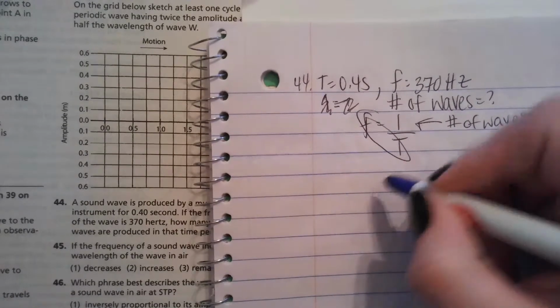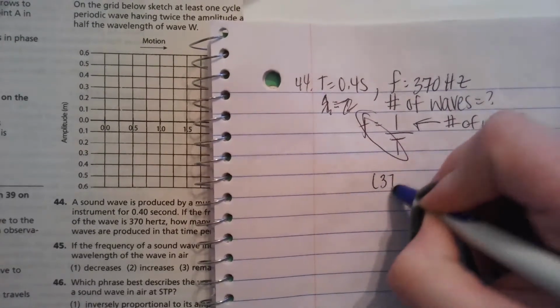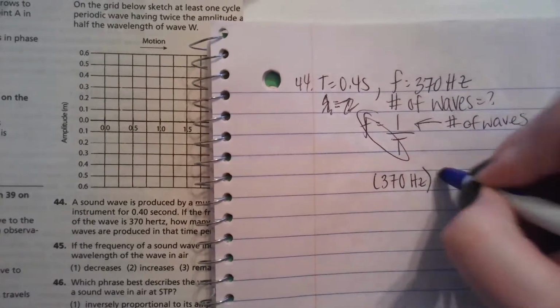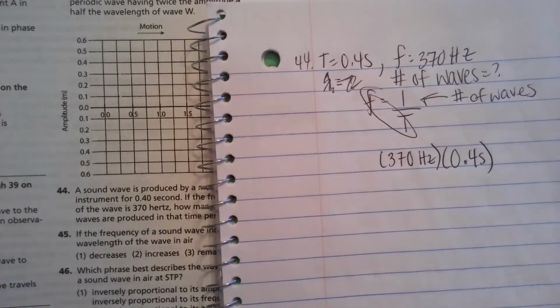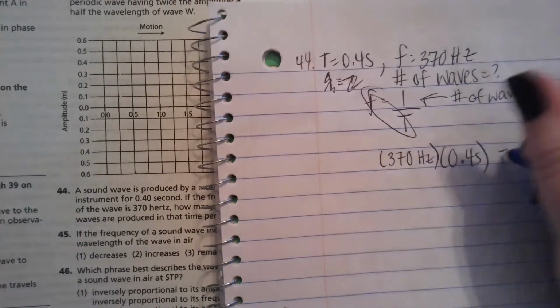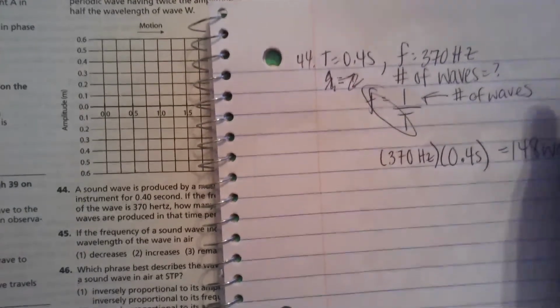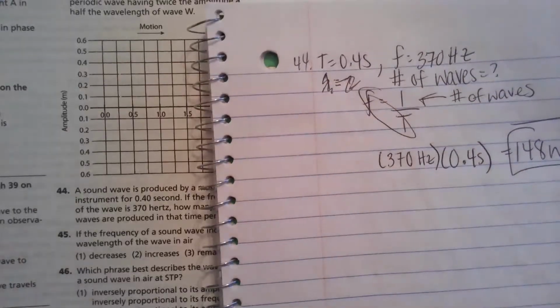Yeah. So here we're going to take 370 hertz and we're going to multiply by 0.4 seconds. So 370 times 0.4 equals 148 waves. Okay.